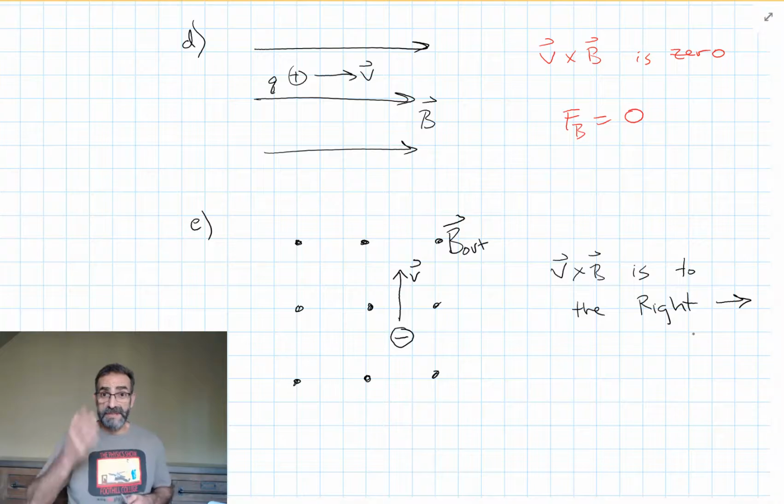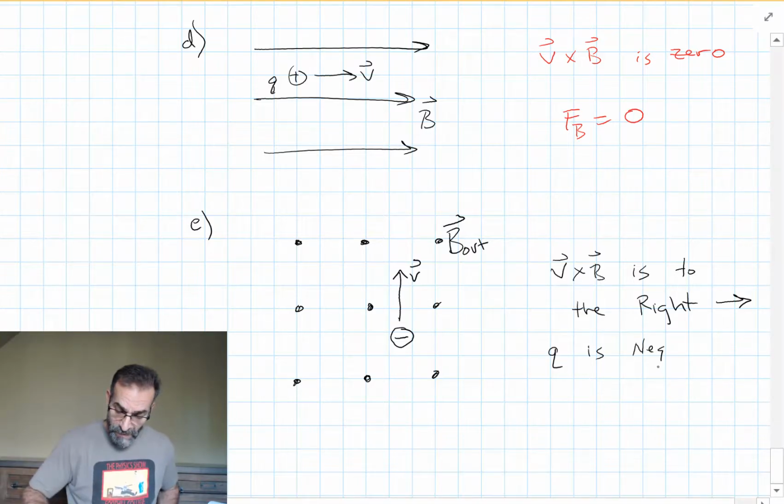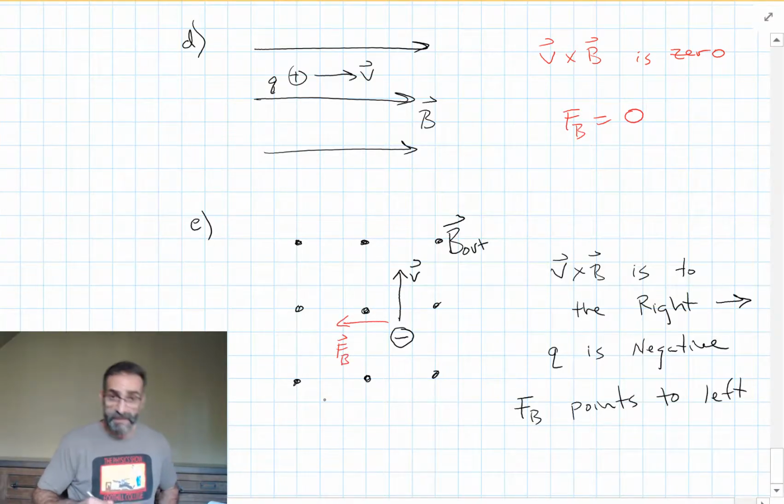I put my fingers in the direction of the velocity. In order to roll them toward the magnetic field, my thumb points to the right. But Q is negative. I multiply that by a negative. So F sub B must point to the left.